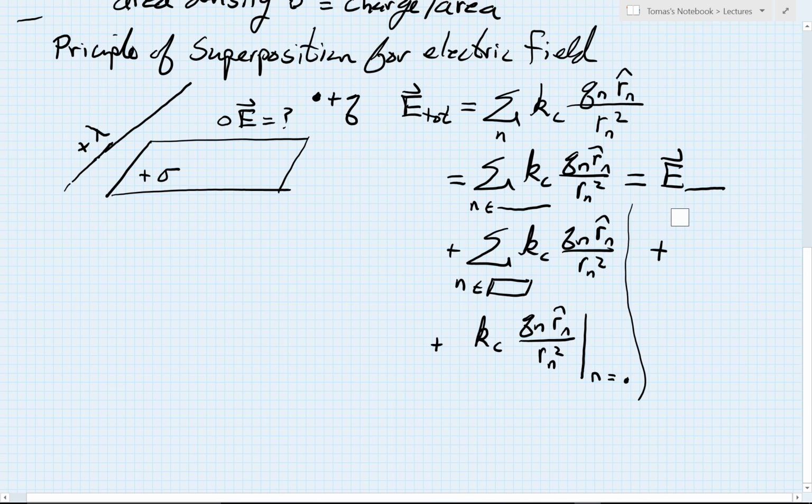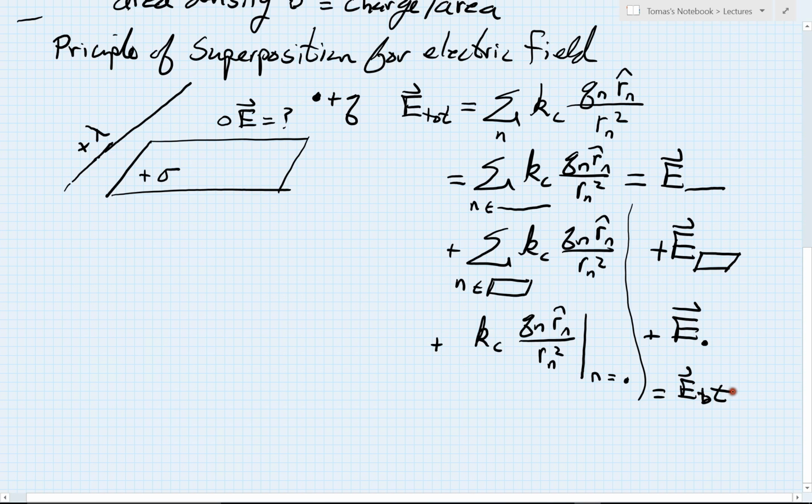I have the electric field from the line. This is the electric field from the sheet. So I take the electric field from the line, I add it to the electric field from the sheet, and finally this last term that I've written is just the electric field for the point. And that then will equal the total electric field.